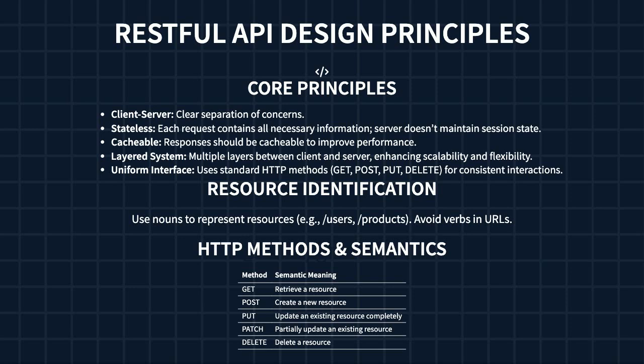Caching is key for performance. Responses should be designed to be cached where possible. Layered systems allow for scaling and flexibility. And finally, a uniform interface using standard HTTP methods like GET, POST, PUT, PATCH, and DELETE consistently makes your API much easier to understand and use.